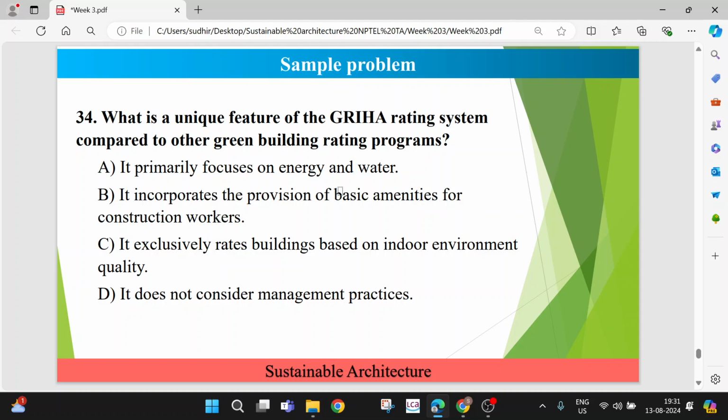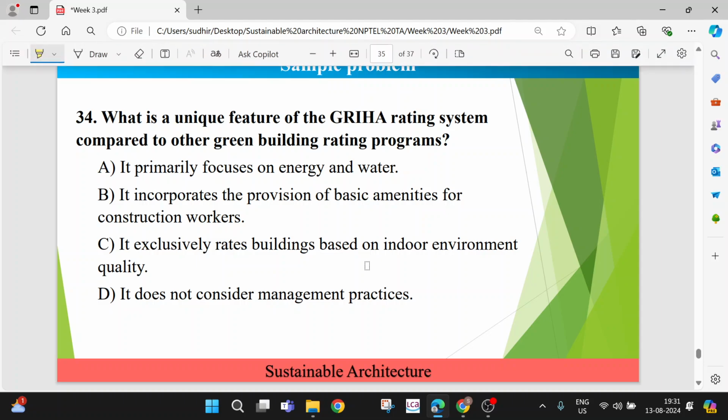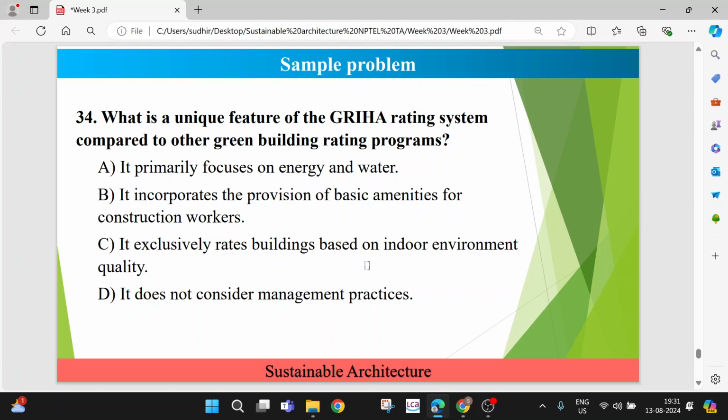Can anybody tell me the full form of this Griha? Anyone of you? Green Rating for Integrated Habitat Assessment. Absolutely right. Then try to give an answer to this question 34.